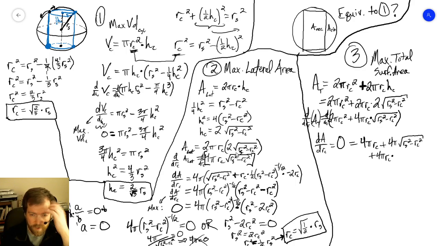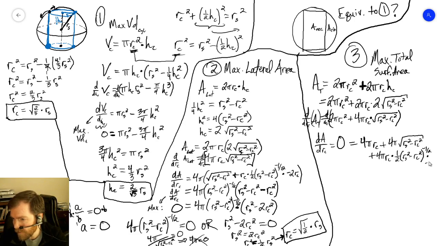So the derivative here was 4 pi rc times 1/2 parentheses rs squared minus rc squared raised to the negative 1/2 times -2 rc. Cool. Just got to remember that that's all strung together. Alright, so we got a 1/2 and a 2 here that are going to divide out, and then we get the negative that's going to come out front.